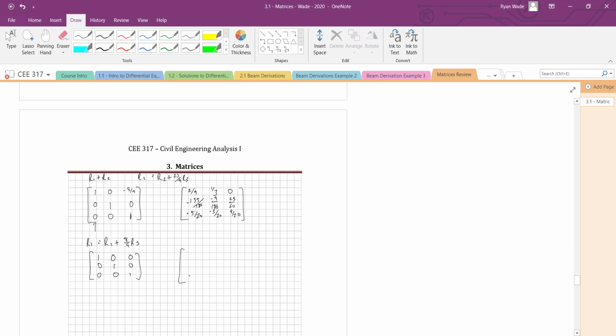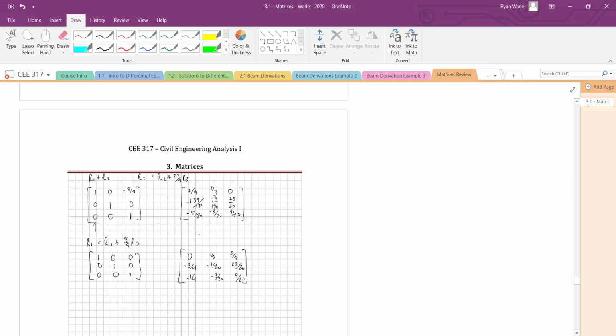And then I've got some giant matrix over here that makes things a little bit more complicated. This is going to end up 0, 1 over 5, 2 over 5, negative 3 over 4, negative 1 over 20, 23 over 20, negative 1 over 4, negative 3 over 20, and 9 over 20.